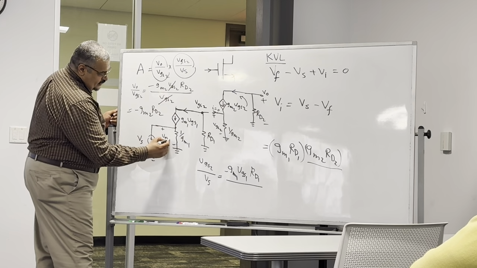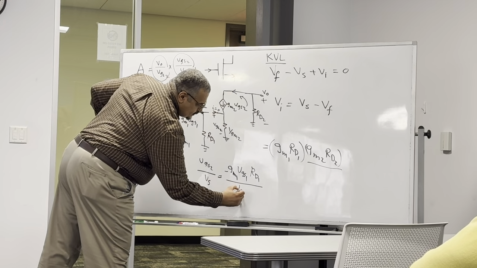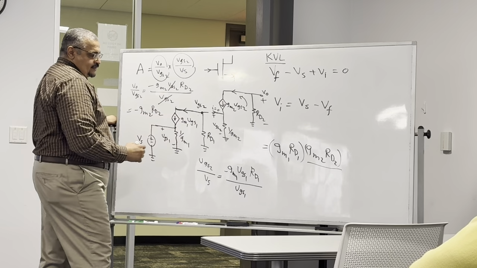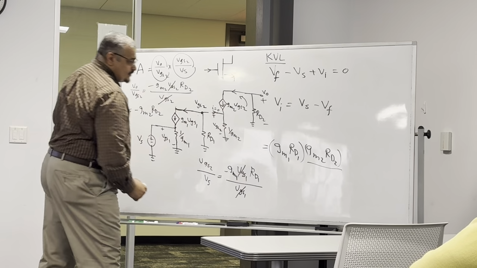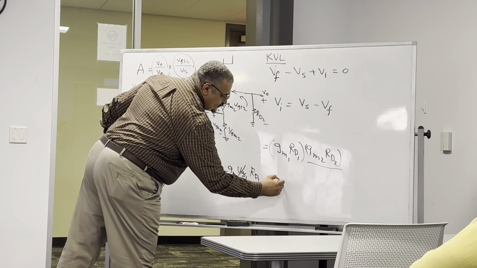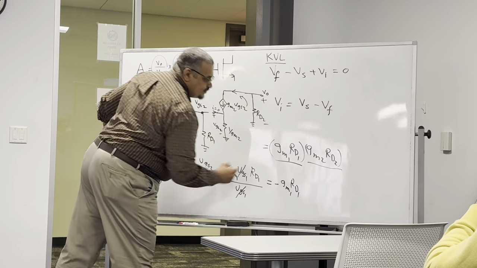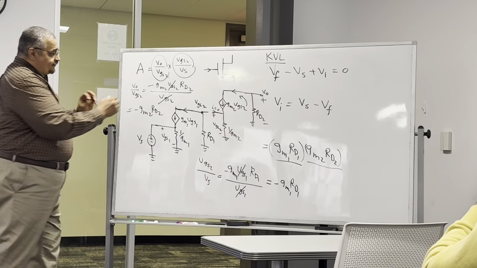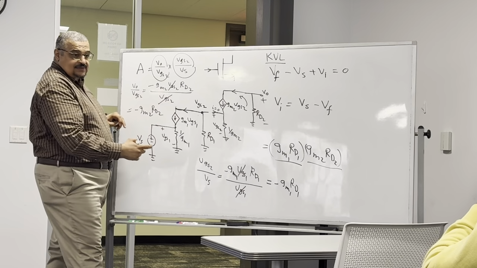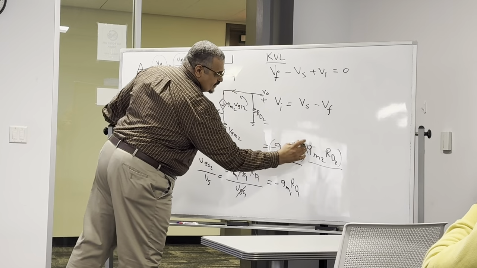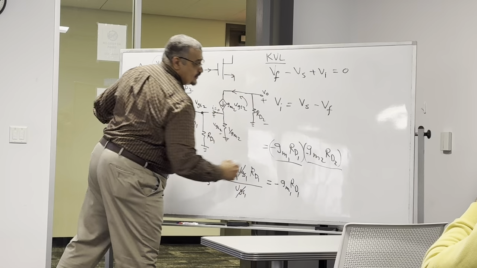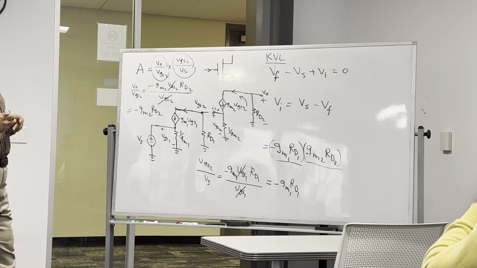It's VGS1. So this is VGS1. They cancel, and this gives you negative GM1 RD1, which is this part. Do you have two negatives? Okay, they're going to cancel, because this was negative, and you end up with no negatives.